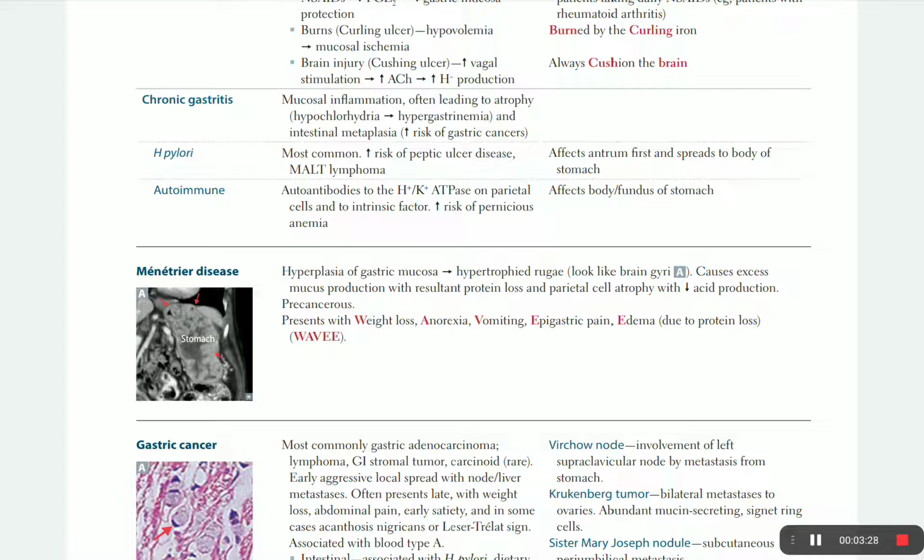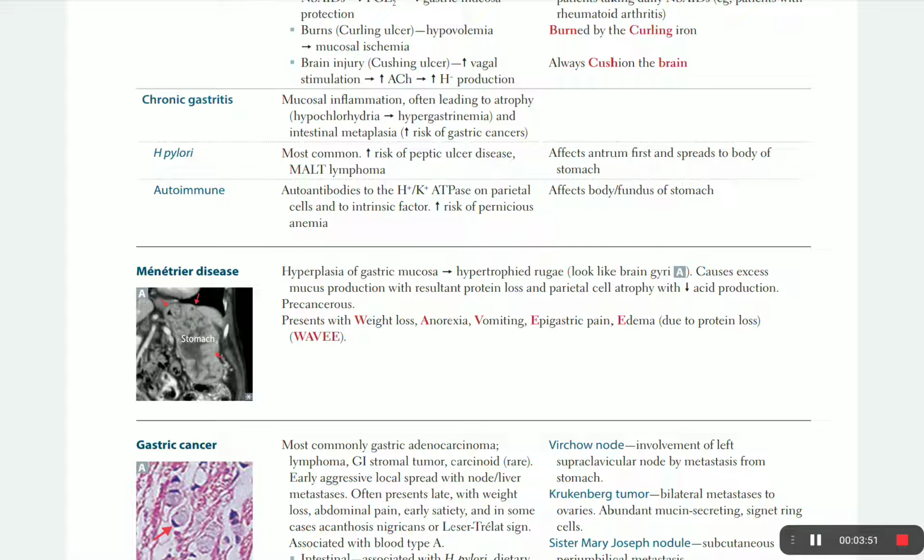So we said the metaplasia in the esophagus, Barrett's esophagus, is a risk factor for esophageal carcinoma, and here the metaplasia of the stomach increases gastric cancer. Also the same thing, because the hypochlorhydria changes the media in the stomach, so metaplasia will happen.